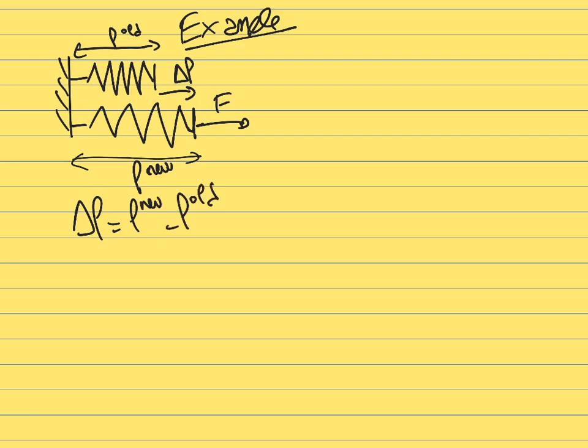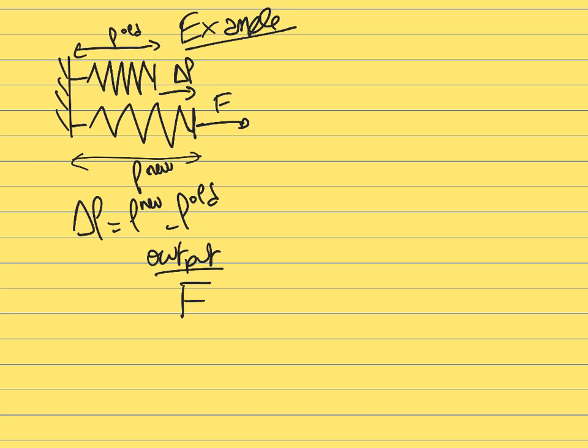Here delta L is the new length minus the old length. Let's assume that our goal is to be able to predict, for a given elongation, the force that is needed to achieve this elongation. So our goal is to predict a given output, which in this case is the force.